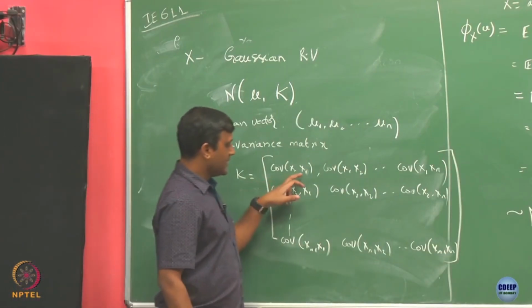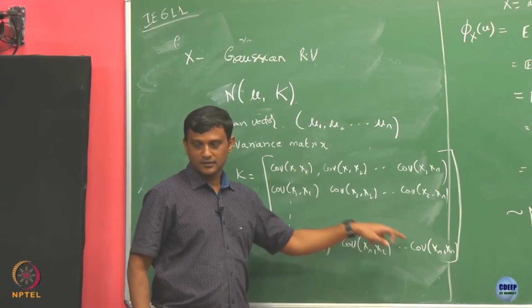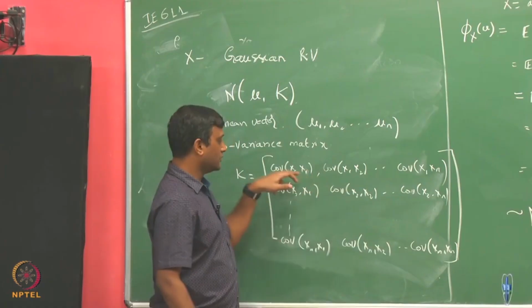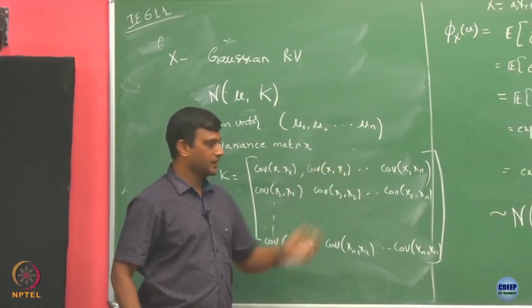So what does the diagonal imply in this covariance matrix? The diagonal contains the variance of each of the components.